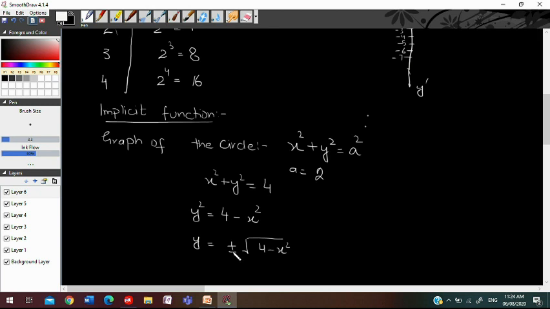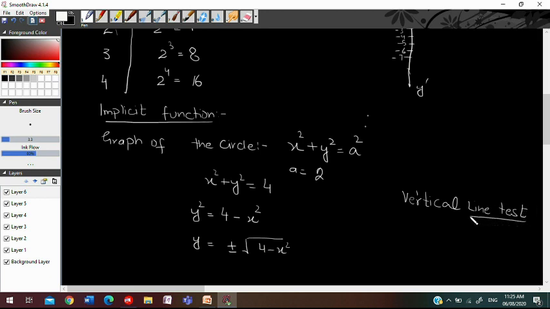And all those functions are the implicit functions. As I told you in my first lecture, before 1.1, we have done the vertical line test.